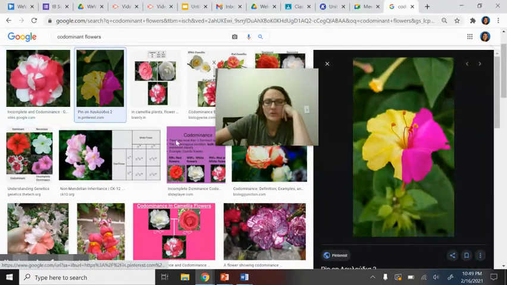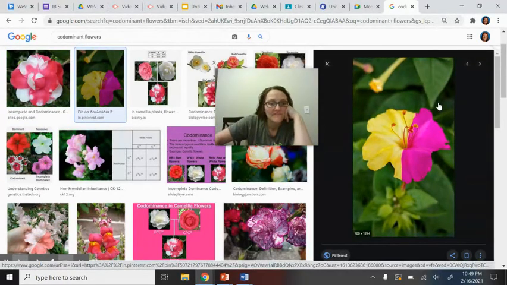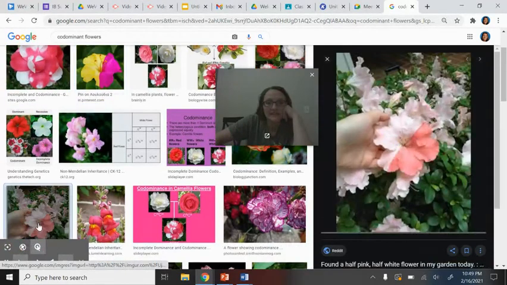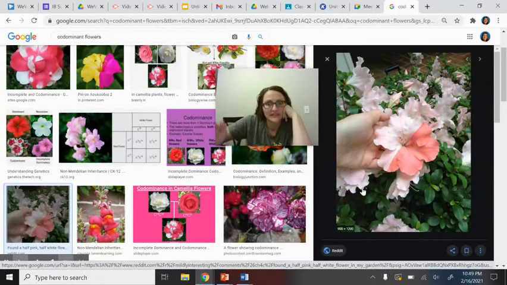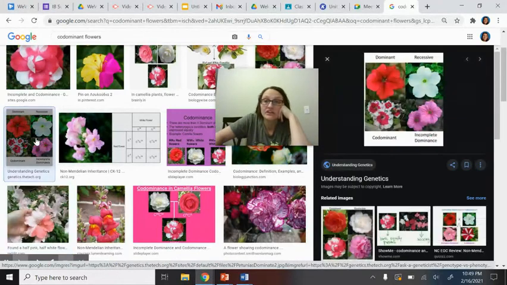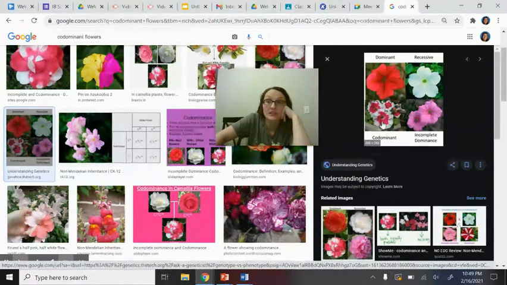Here's another really cool one where it literally is just split down the middle. Here's another one down here where it's just split down the middle. Having a really even split like that is kind of rare in my opinion. But others have very predictable patterns of inheritance. So here's a good one where it shows you the difference between codominant and incomplete dominant.